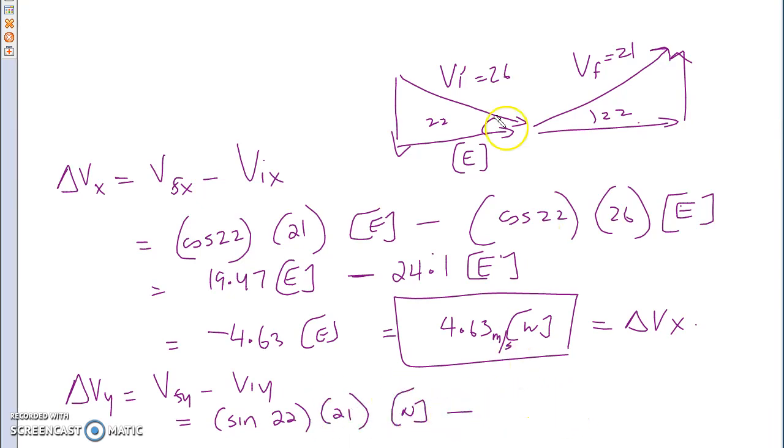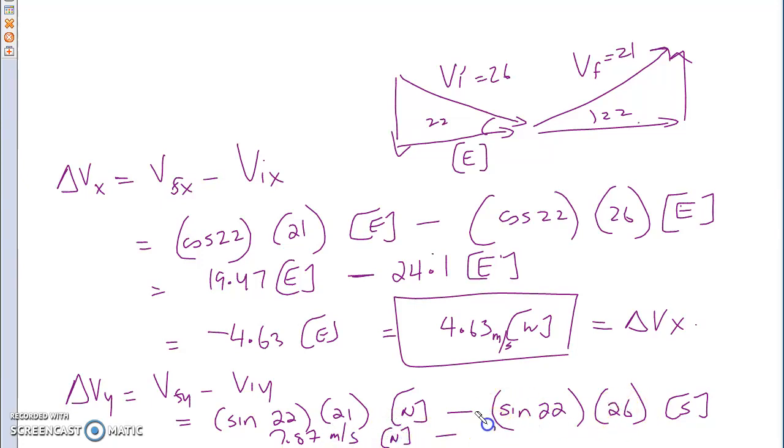And that's going to be minus Viy, which is sine of 22 times 26, but that is going in the southerly direction. So what do you get for your numbers? 7.87 meters per second going north minus 9.74 meters per second going south.